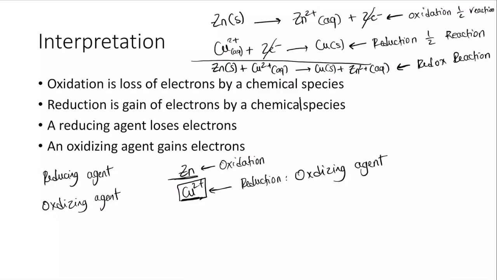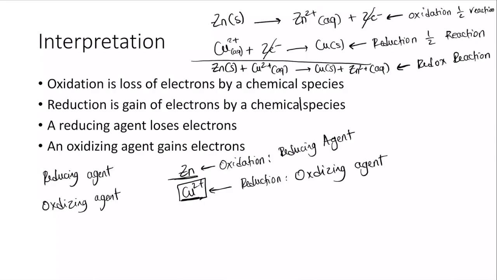It oxidizes Zn. Although it undergoes reduction because it gains electrons, it oxidizes Zn. In other words, it takes electrons out from Zn. That's why the one that undergoes reduction is the oxidizing agent, and vice versa. The one that undergoes oxidation is the reducing agent, because Zn reduces Cu2+.